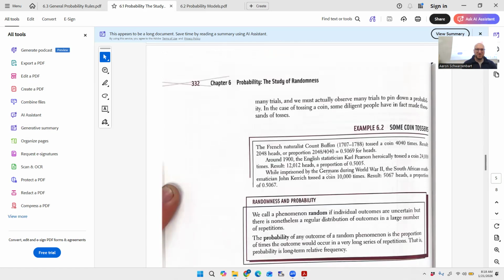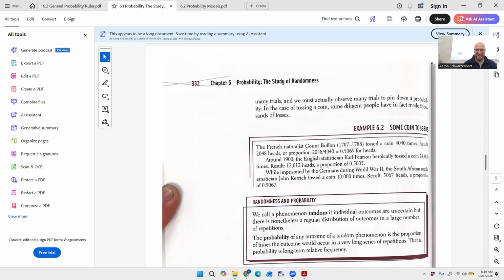So, some coin tossers. French naturalist Count Buffon tossed a coin 4,040 times. He got 2,048 heads, or 50.69% for heads. Around 1900, the English statistician heroically tossed a coin 24,000 times.